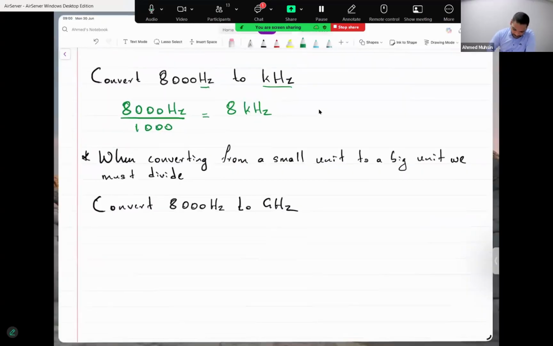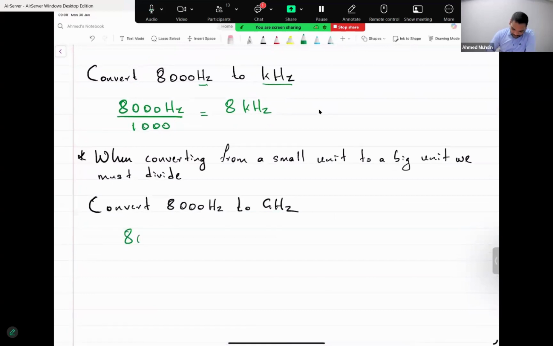So 8,000 hertz divided by 1,000, what? No. Go step by step. From hertz, what do we have below? Kilohertz. From kilohertz again, we divide and go to, very good, megahertz. Then again, where do we go? Have we reached the destination? We have. Gigahertz.